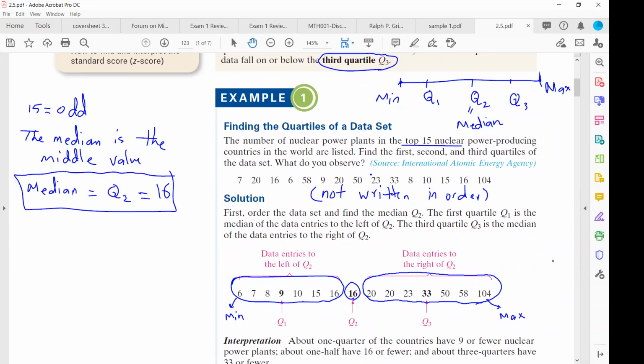The median of the first collection, how many numbers do you have? 1, 2, 3, 4, 5, 6, 7. The middle number is going to be the median. So the median of the first set is your first quartile. The median of the first set is 9, or Q sub 1.